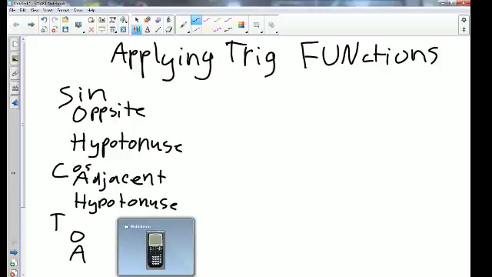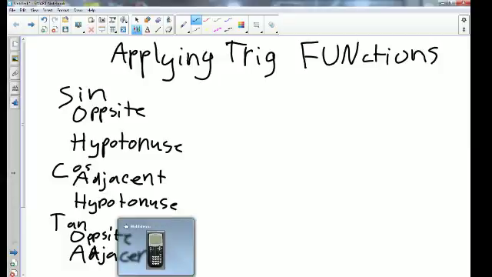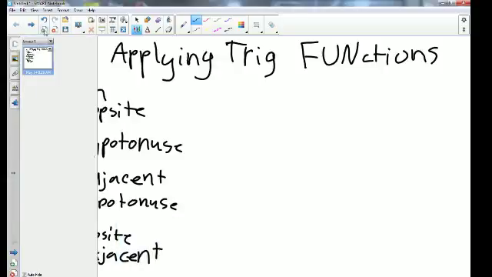And then tripping on acid for tangent, opposite over adjacent. So there's an acronym you can use to remember it: Some Old Hippie Caught Another Hippie Tripping On Acid.